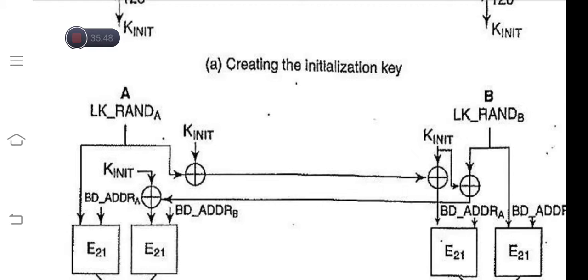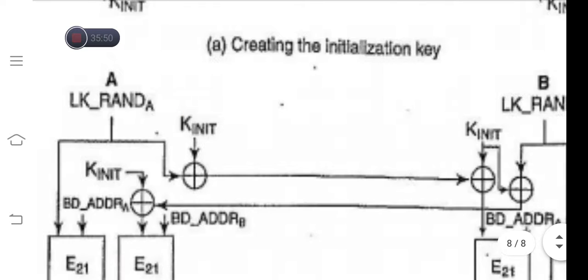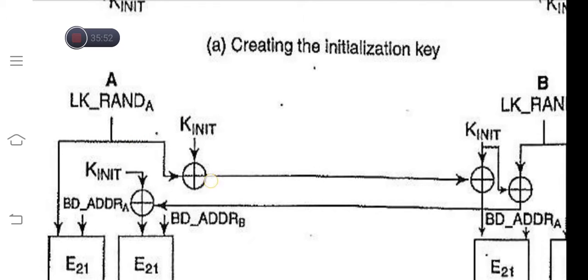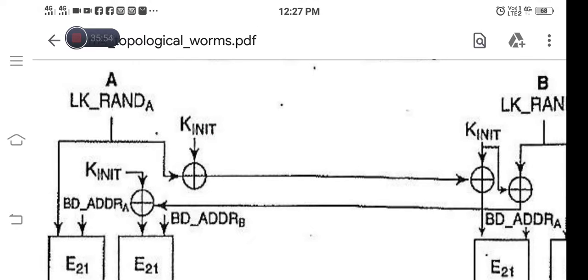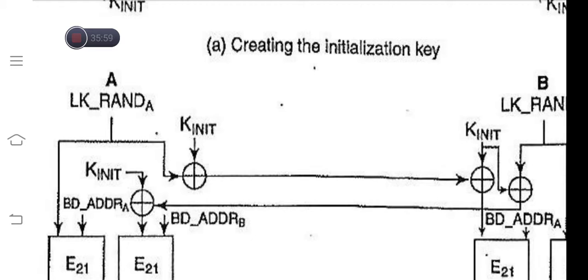The random number from the A side is XORed with the K init, which we generated in the last step, and that will be passed to B.